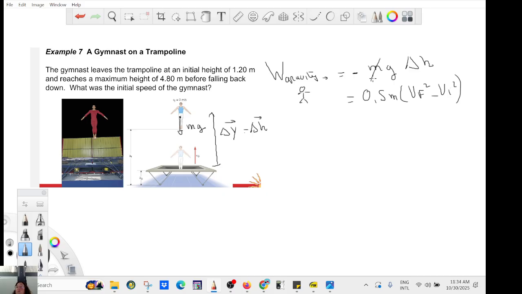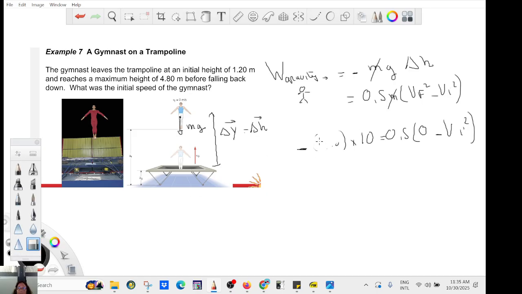And you see that the mass goes bye-bye because it's in free fall, so the mass should not matter. So minus the height. We start the height from here, so it's 4.8 times gravity, which is 10, equals 0.5 times final speed 0 minus initial speed. Oh no, I made a mistake.